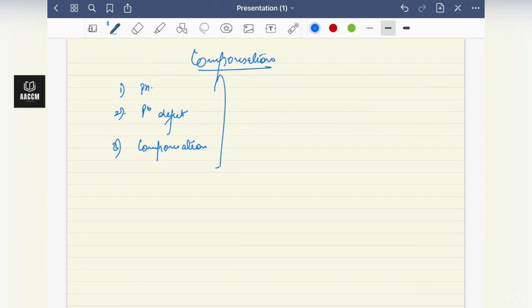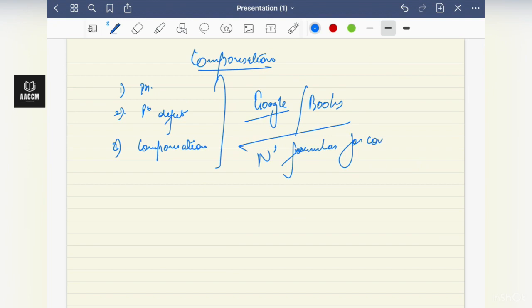Now, if we Google all these things, or if we see various books like Paul Marino or any other, there are n number of formulas for compensation. But I'll tell you one basic point: there are around four rules of compensation.